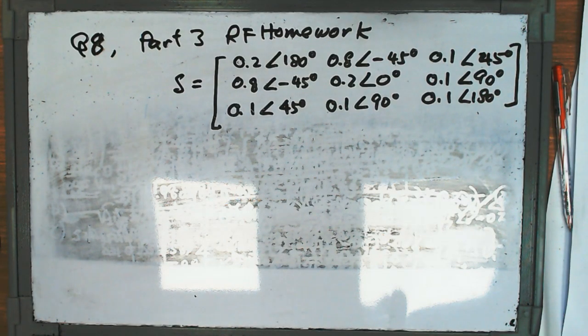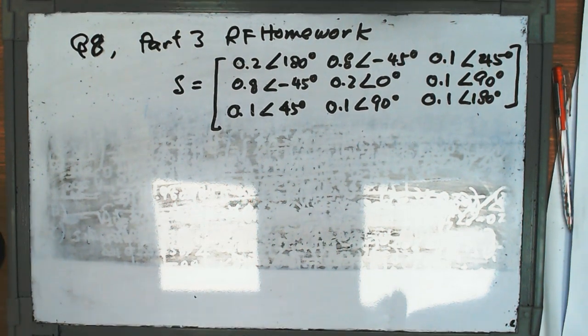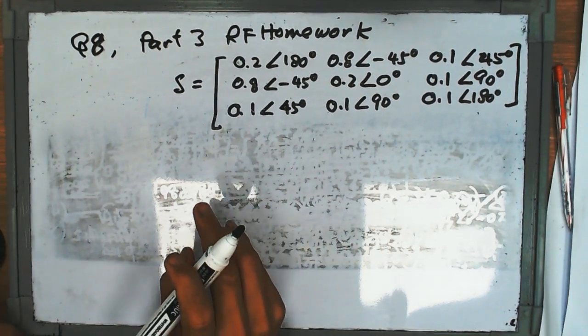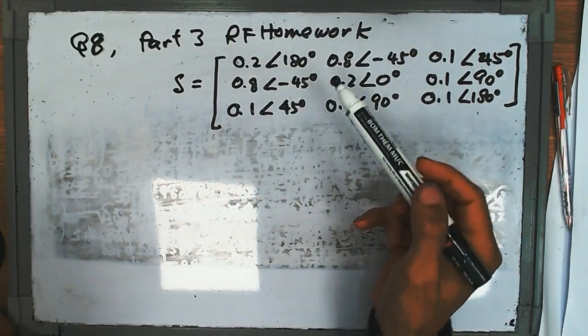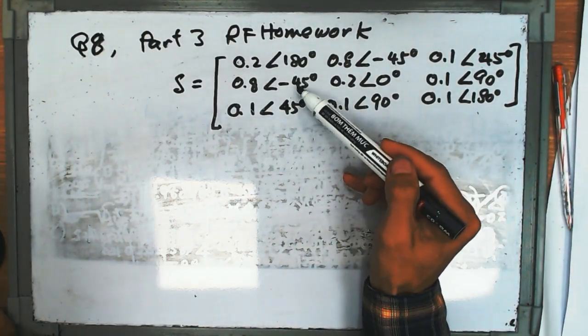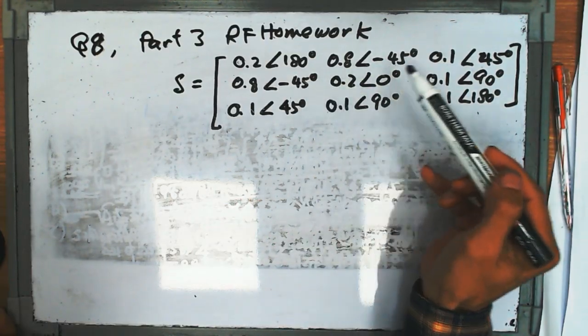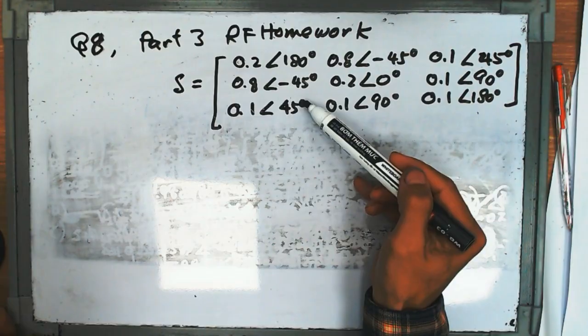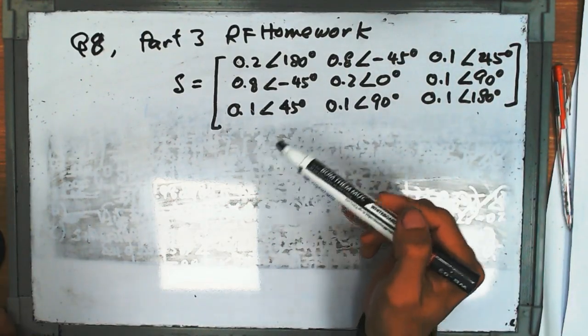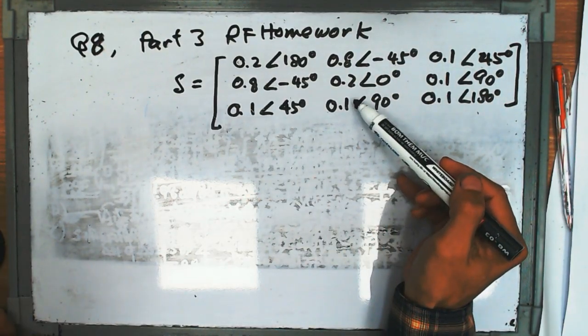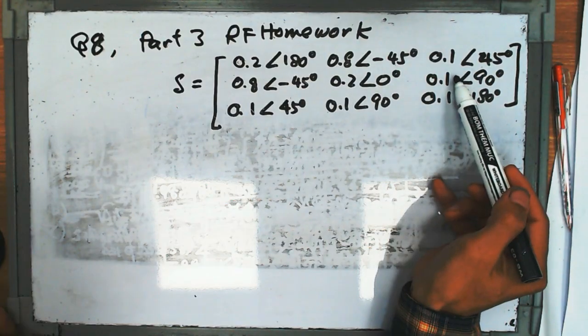Now you need to check whether it's reciprocal or not. You can check just by direct inspection. S21 and S12 are the same. S31 and S13 are the same. S23 and S32 are the same.